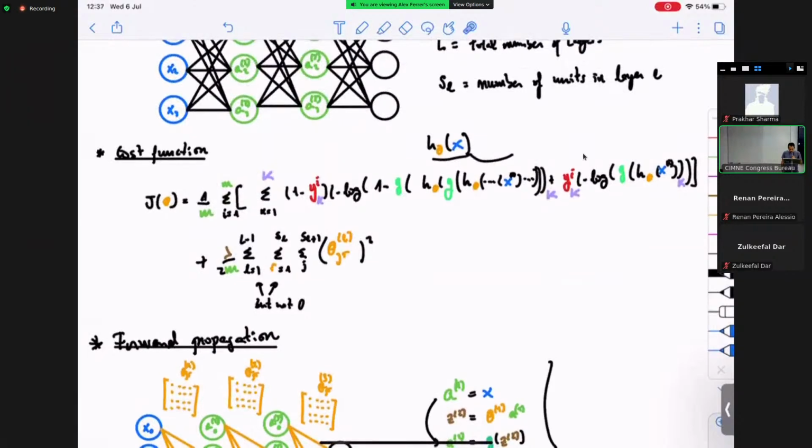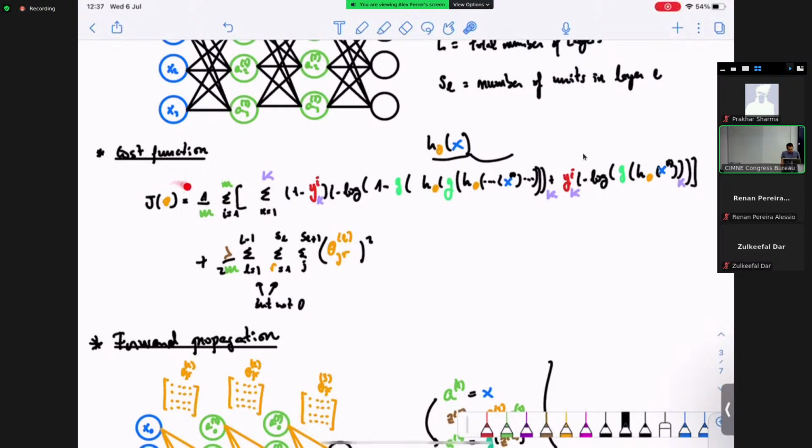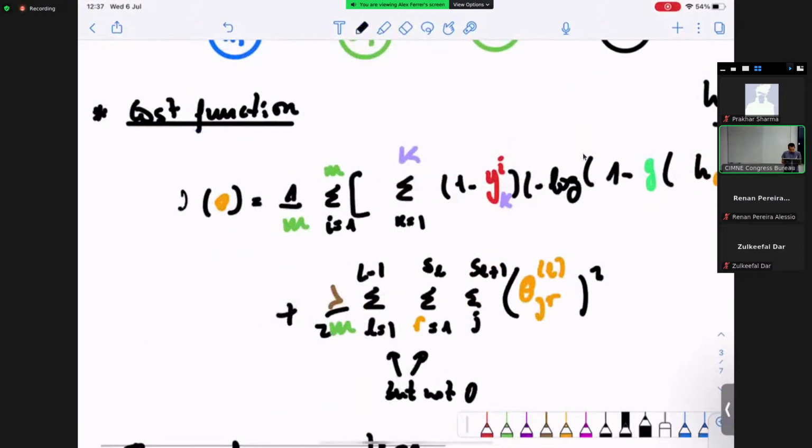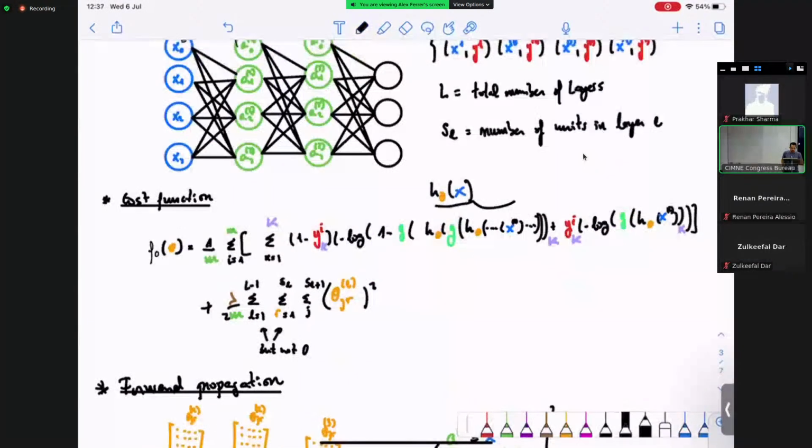Okay, let's continue. Now, the cost function. I put j because sometimes I put j, but to continue with all our notation, I will put f of theta. Remember, we have an unconstrained optimization problem. And then what we do is a composition of very simple neurons with theta, and then we compose all of them.